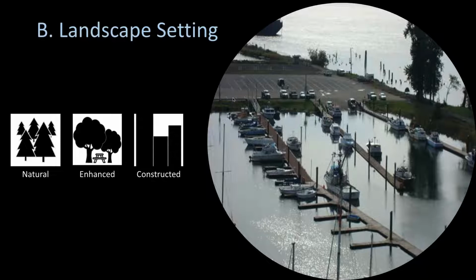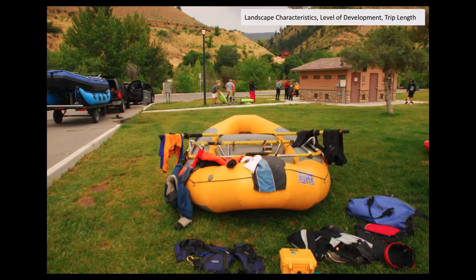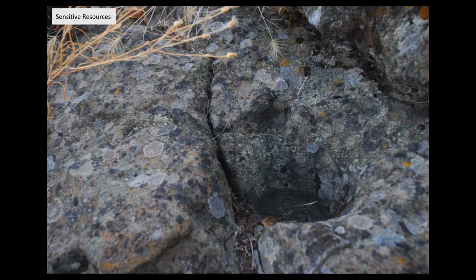You might have a natural setting that's deep in the national forest that would have different design criteria and design solutions, but really thinking about that. The level of development, what's the trip length? Are these day trips or longer trips? And what are the sensitive resources? So here's a place where one of the areas we evaluated for an access site.